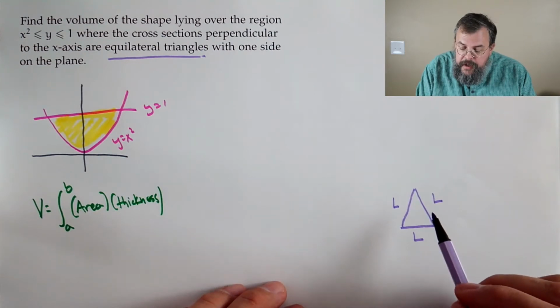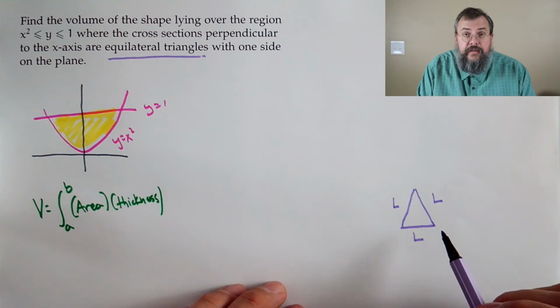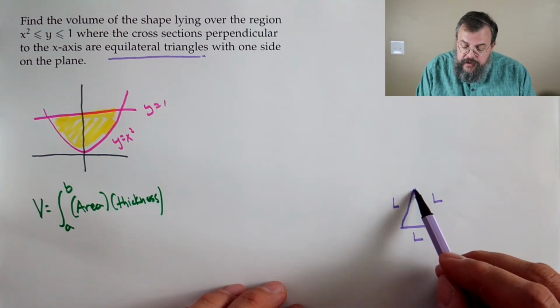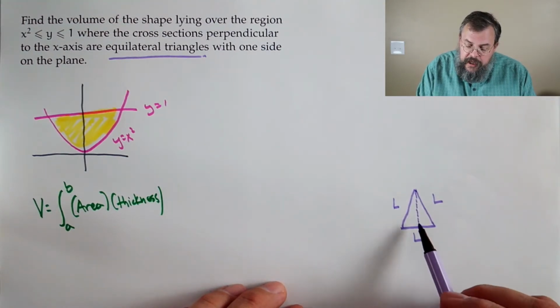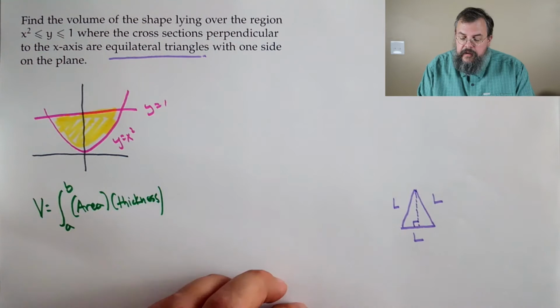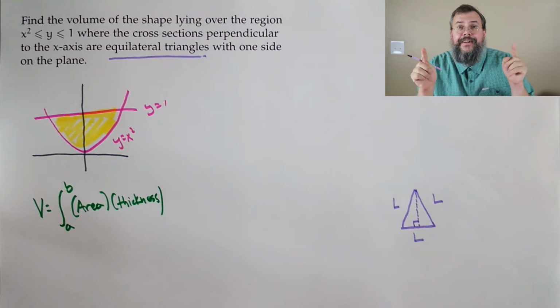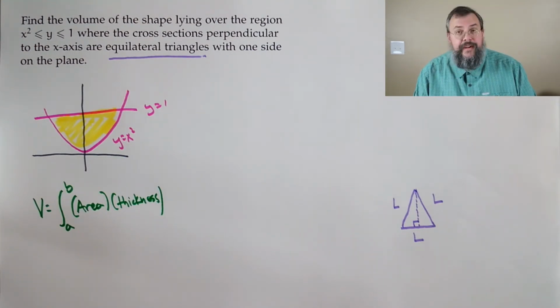Now, what do we need for the area? Well, you need the base, but you also need the height. And the way we get the height is, let's imagine dropping straight down. And if we did that, what we would see is it would cut the bottom in half. So that bottom half originally has length L. Now there's half L and half L. And that's a nice thing because of the shape.